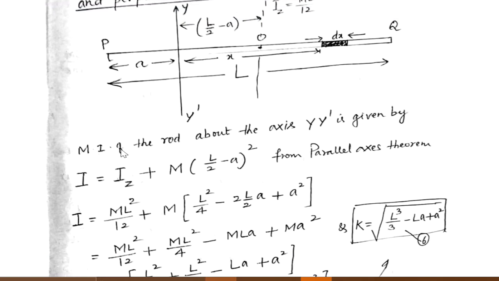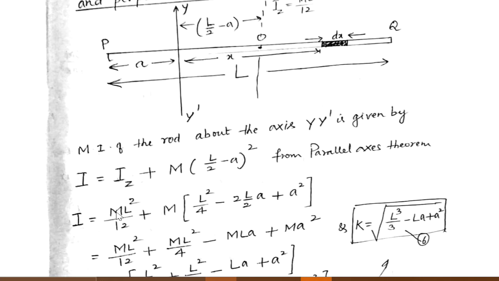So therefore, from the parallel axis theorem, we can write the moment of inertia about the axis yy dash is equal to Iz plus m into L by 2 minus a whole square.